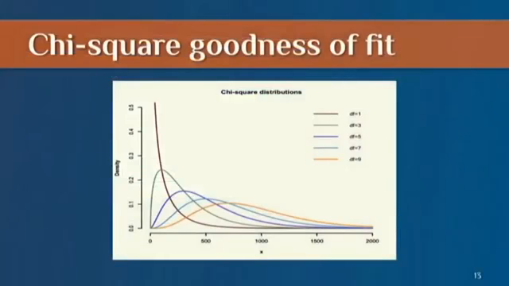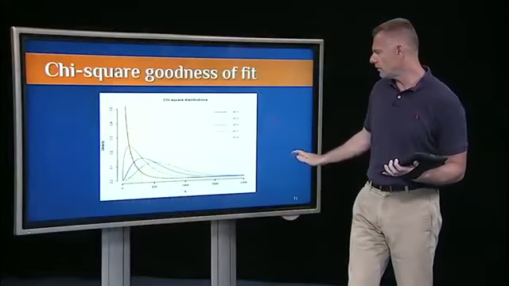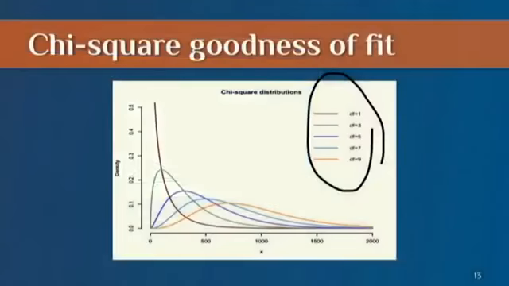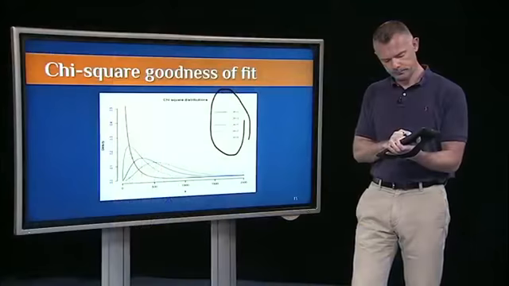Again, we're assuming that this comes from a sampling distribution, and these sampling distributions differ depending on degrees of freedom. That's what all these different curves are. The degrees of freedom here are determined by number of categories. Again, it's number of categories minus 1.